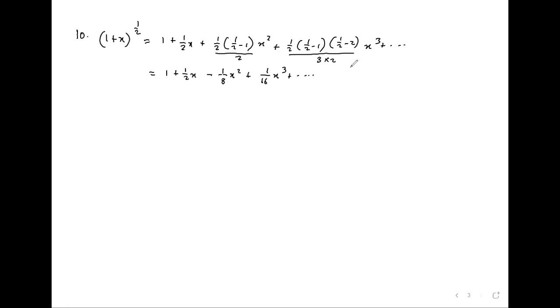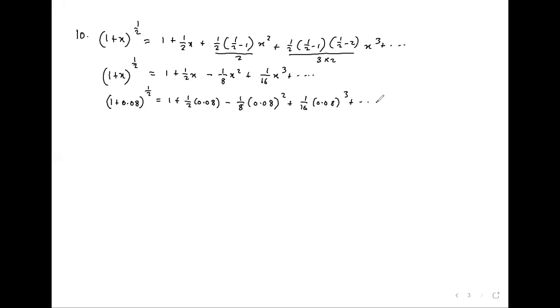So 1 plus x to the power half has given us this expansion. The guidance is by substituting 0.08 where there is x. So we get 1 plus half of 0.08, minus 1 over 8 of 0.08 squared, plus 1 over 16 of 0.08 to the power 3.